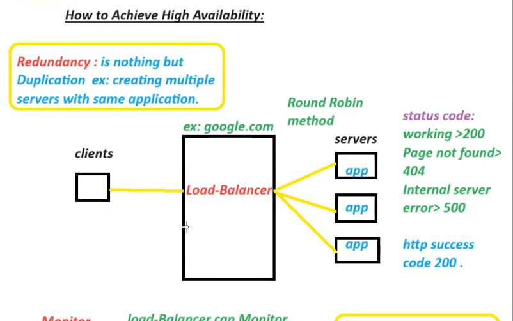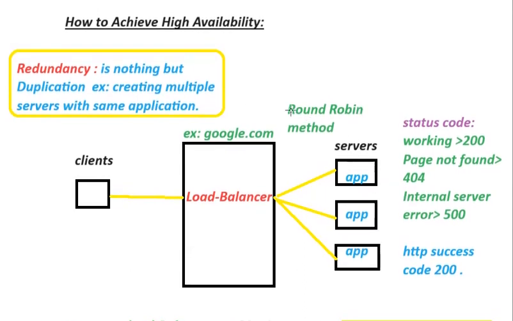If multiple clients send requests beyond the capacity of a single server, then my availability will decrease and lead to downtime. So it is essential to host my application on multiple servers. What do we call that in cloud? That is nothing but redundancy. So we need redundancy to have high availability.